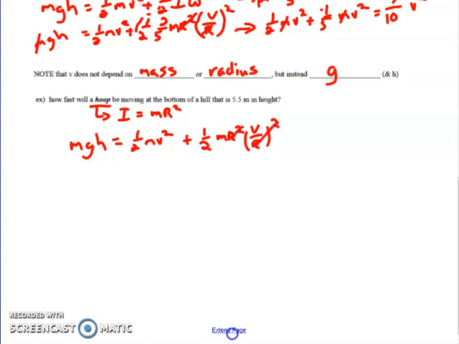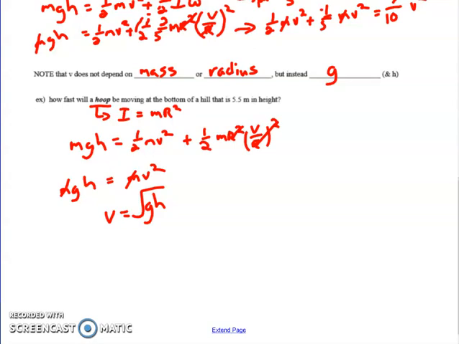The r squareds cancel out, and this term is just 1/2 mv squared. Add it together, and I've got mv squared. Well, this one's pretty easy algebraically. So this becomes v equals radical gh. And we notice that that is less than radical 10/7 gh that we got for a sphere. So there will be problems in the homework that test this.